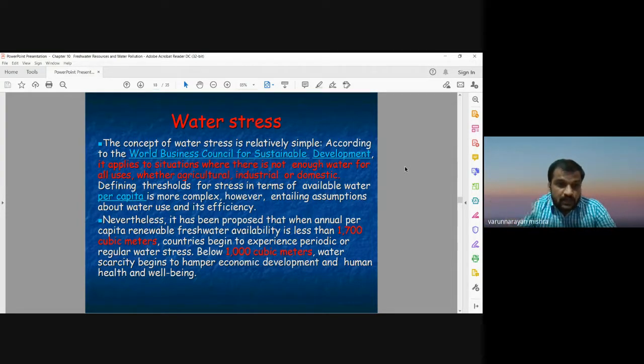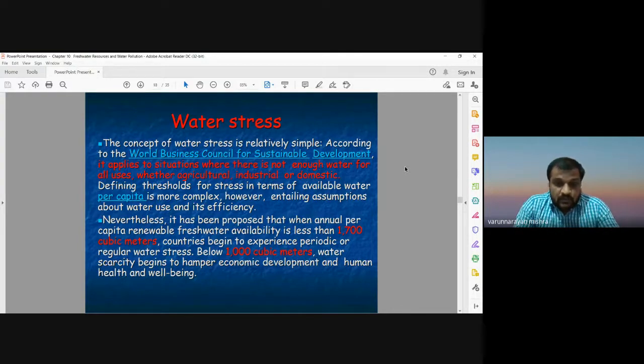The threshold for stress in terms of available water per capita is more complex. However, given assumptions about water use and its efficiency, it has been proposed that when annual per capita renewable fresh water availability is less than 1,700 cubic meters, countries begin to experience periodic or regular water stress.